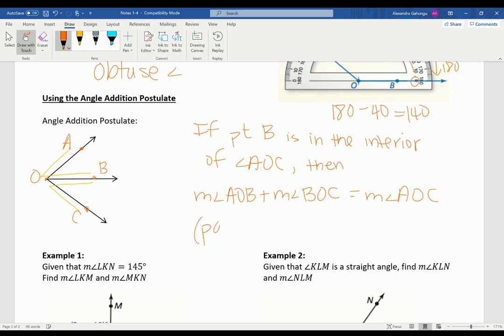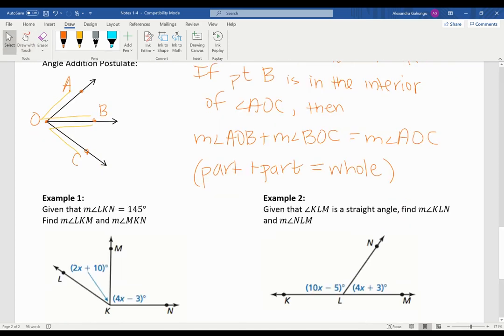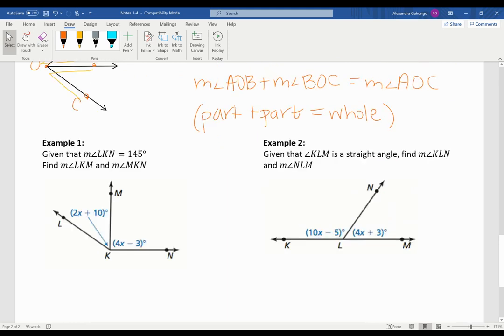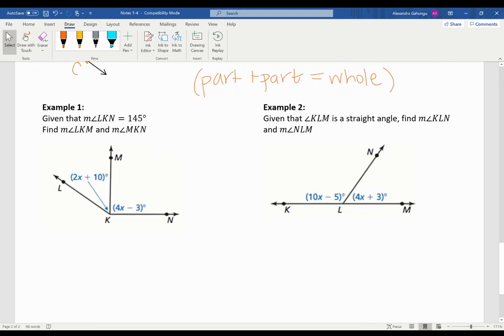So it's like part plus part is equal to the whole, just like with our segment addition. So part of our big angle plus the other part of our big angle, those two should make up the whole of our angle. So we're going to use the angle addition postulate to answer these two questions.